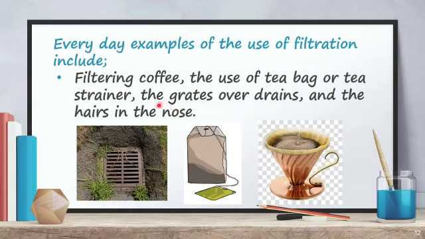Similarly, we can see the grates over the drains, which we use to filter or to prevent unwanted materials from getting inside. And the hairs in our nose filter out the dust particles from the air we breathe in. These are some very common examples we observe in our daily life.